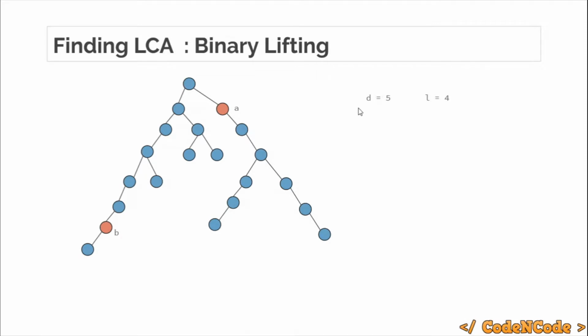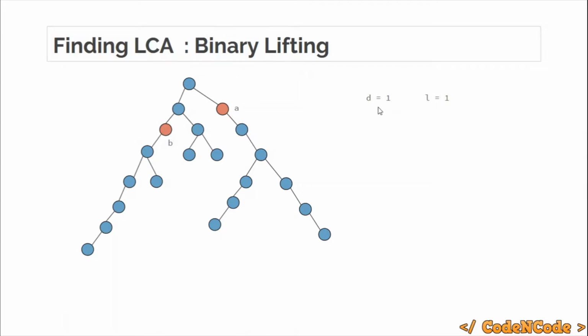So log base 2 of d would be 2, indicating you have to calculate the 2's power 2nd parent. LCA of b, 2 would contain the 2's power 2nd parent of b, so we update b to be LCA of b, 2, so it directly makes a jump of length 4.